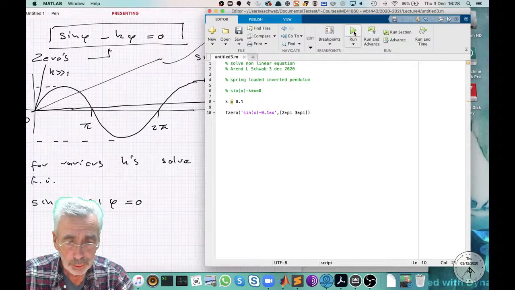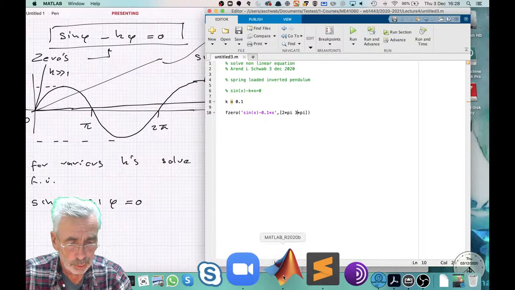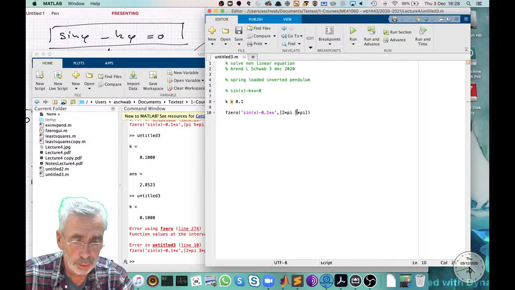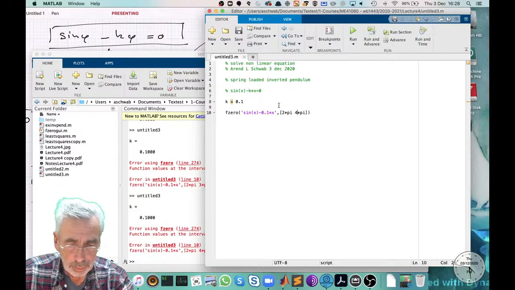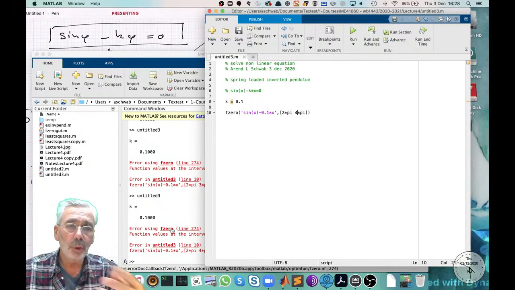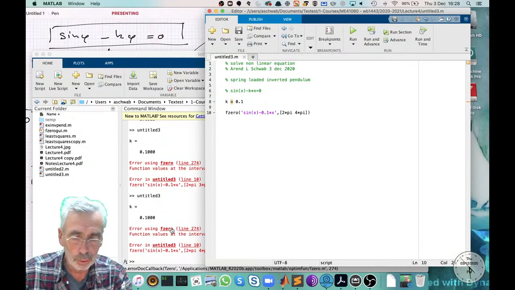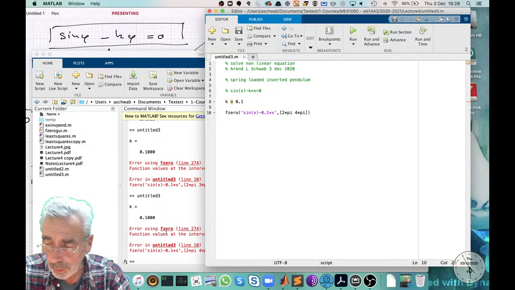Who knows? Yeah, doesn't find anything. Anyway, this is how you slowly seek for solutions. You change the intervals, and you seek, are there any more solutions?